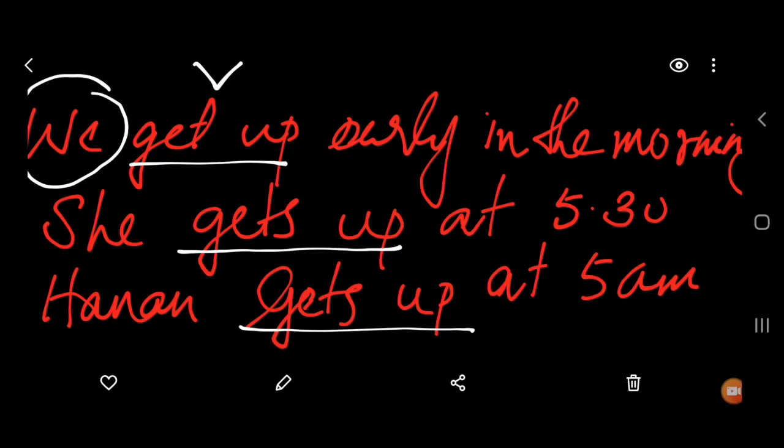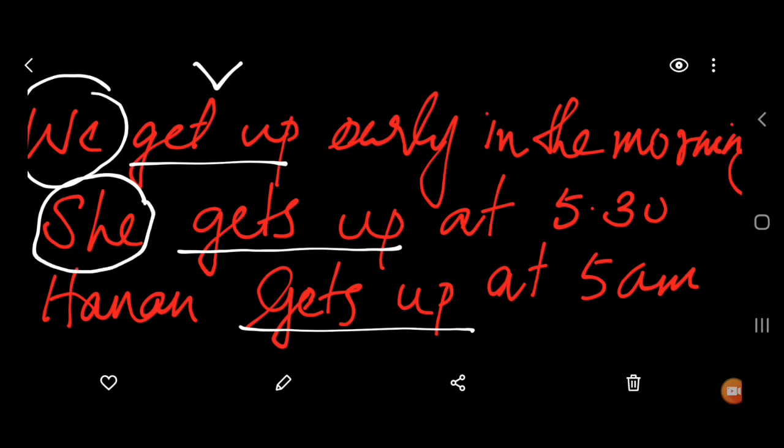Is it singular or plural? Yes, that is plural, more than one. Right? Now, what about the second sentence? Which is the subject in the second sentence? Yes, that is she.